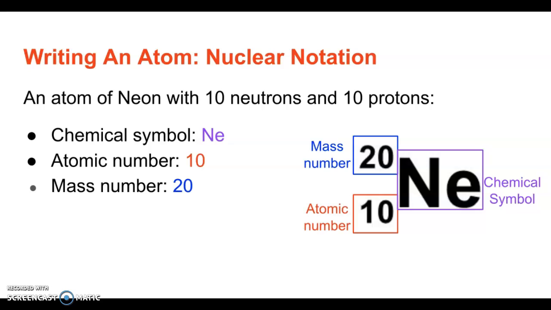We saw that neon had an atomic number of 10, so we put the atomic number here. We know that neon has a chemical symbol of Ne. And at the top, if I have 10 neutrons and 10 protons, my mass number is the sum of the two, so I would have 20. That number now goes here. This is how we write nuclear notation for every individual atom.